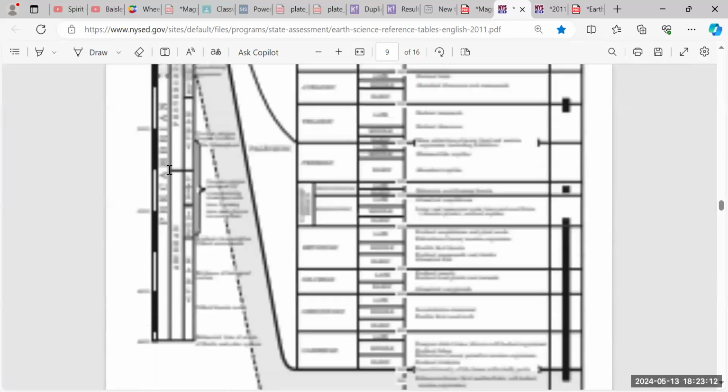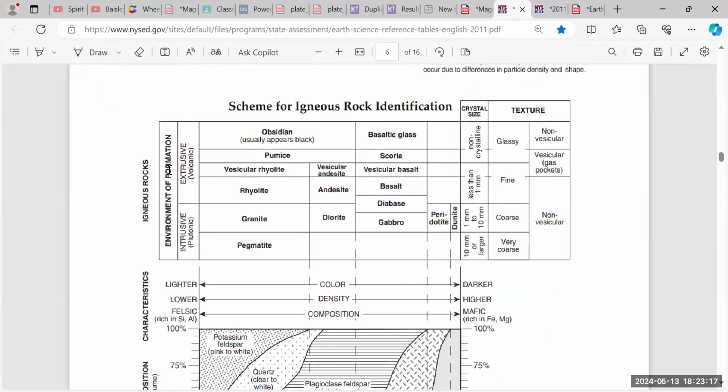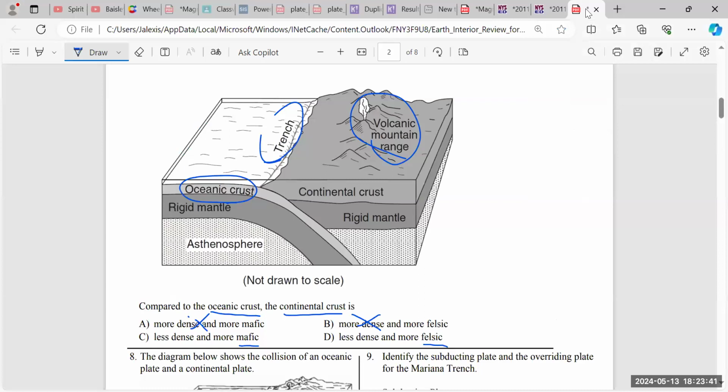When we go to page 6, it's going to tell me whether this rock that makes the continental crust is going to be felsic or mafic, which is labeled right here. Now, granite is on the left side of the chart, which means that it has felsic material, so not mafic. And so because of that, my correct answer is going to be choice C for number 7.